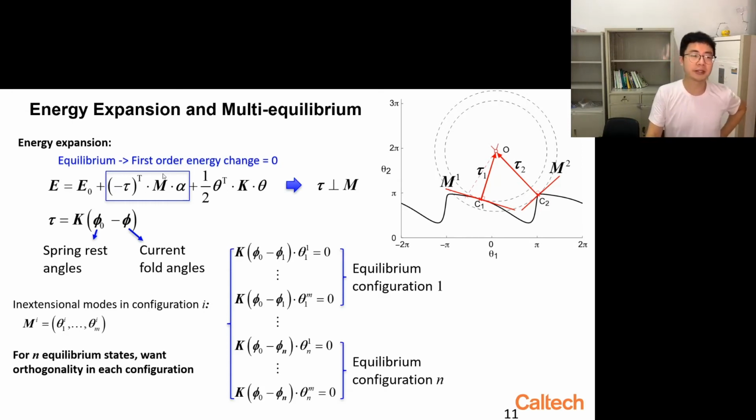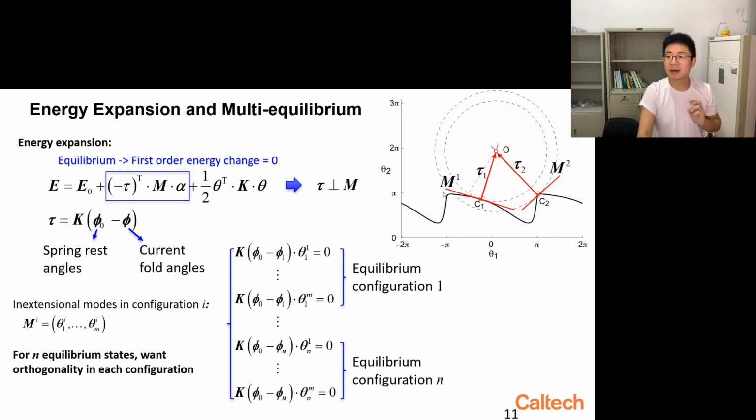So this needs to be zero, but not for mono-equilibrium, but for multi-equilibrium. This condition holds not only for one configuration, but for n configurations. You can write a lot of similar ones, pile them up together and solve them together. Then we'll satisfy multi-equilibrium. That's how we do this.